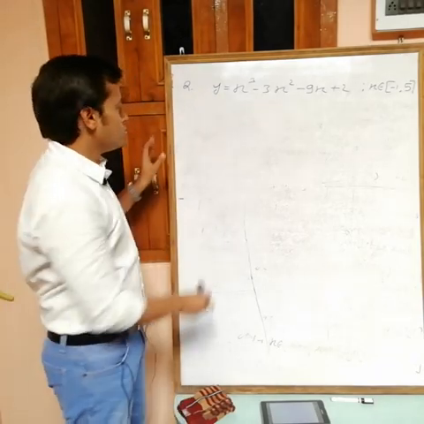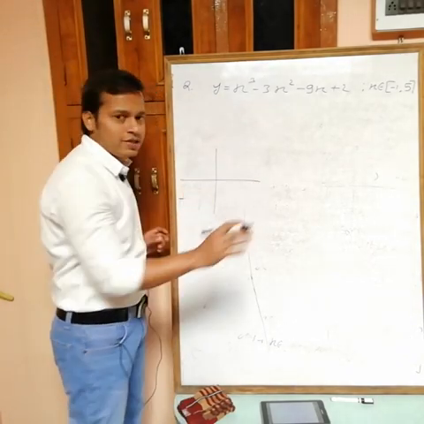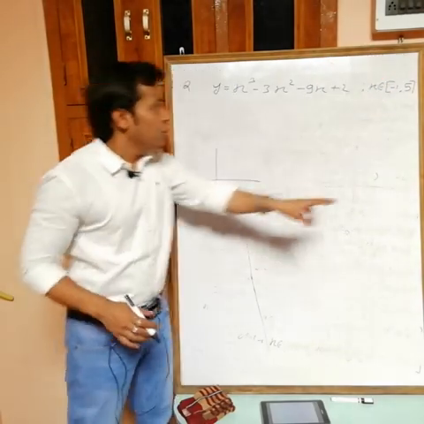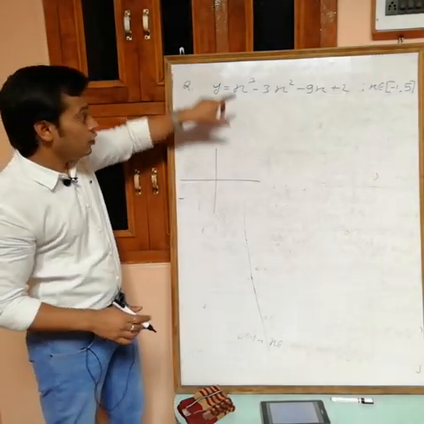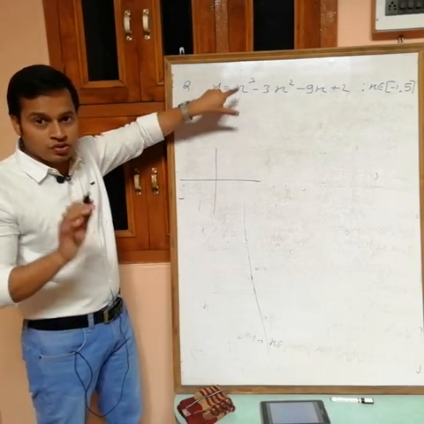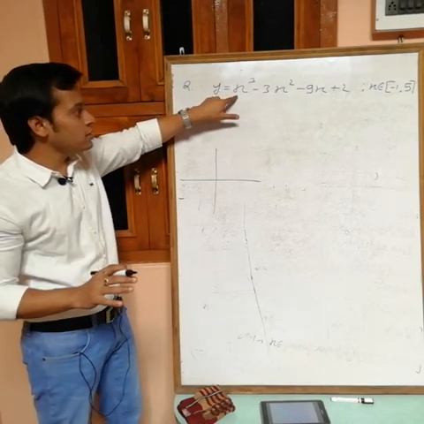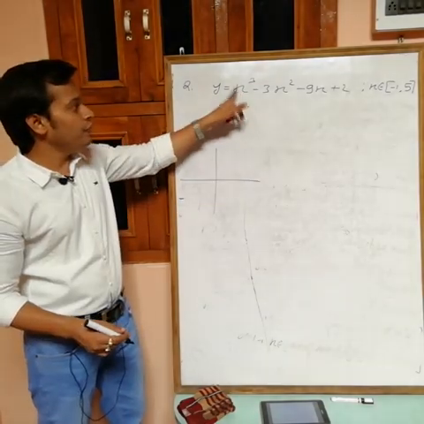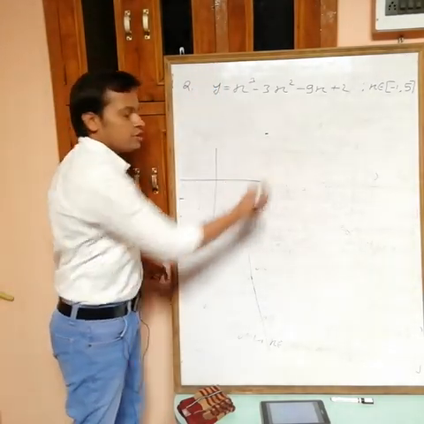Why? I can easily prove it. Suppose the interval is not given. Now put minus infinity. The power of this term is highest, so only this one matters. If you put minus infinity, power 3 is minus infinity. Now put plus infinity, power 3 is plus infinity.